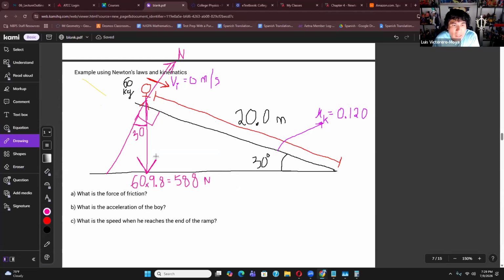Yeah, so that's where I want to go. Now that we have the weight, you guys know that we have this force, which is causing the boy to go down. But now we have the normal and we have mu. That means that now we have friction here, and it's in this direction. You see how I'm drawing it? That's Fk.